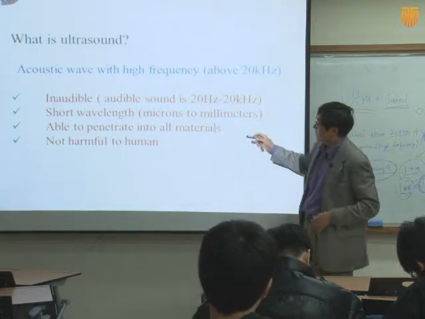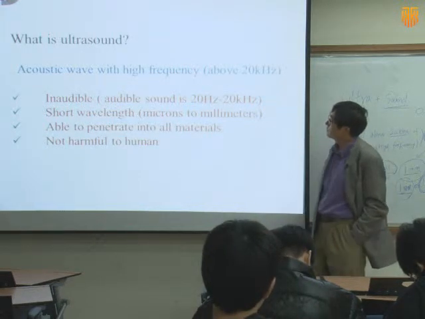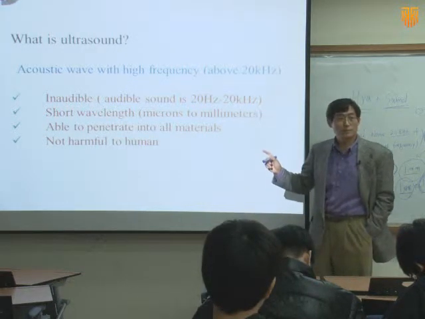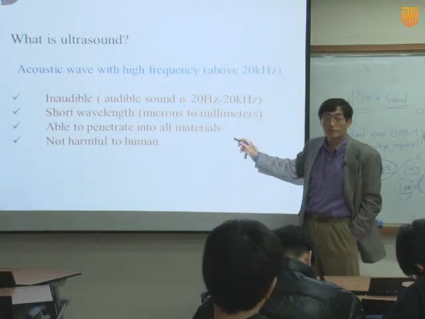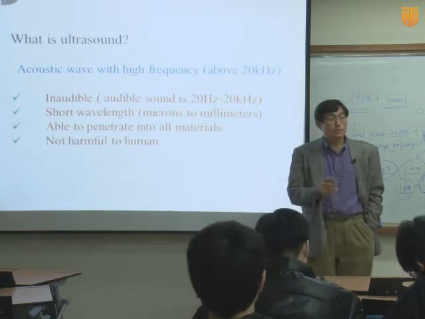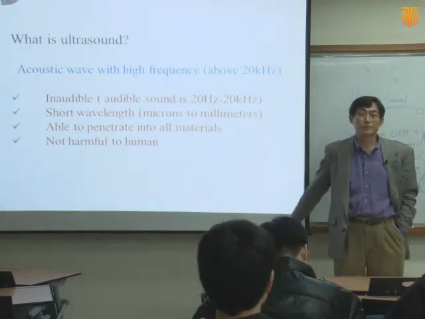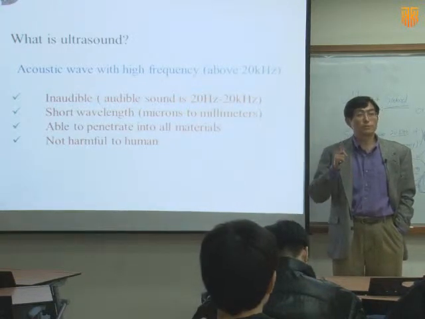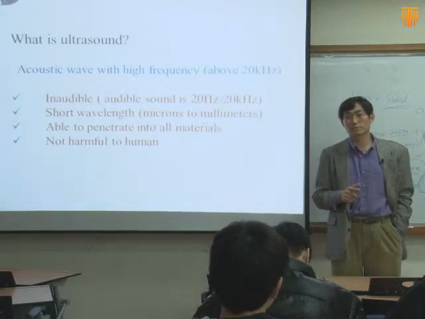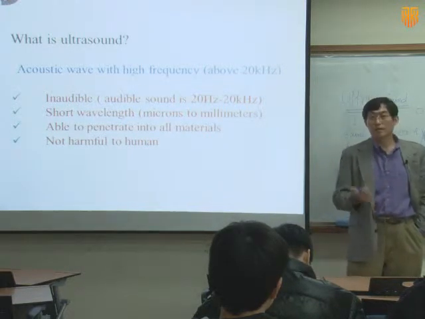If you want me to pick the most important property of ultrasound, it is this one, the third one. Ultrasound is able to penetrate everything. That is the main reason to use ultrasound in the application field, without any harm, like X-ray.